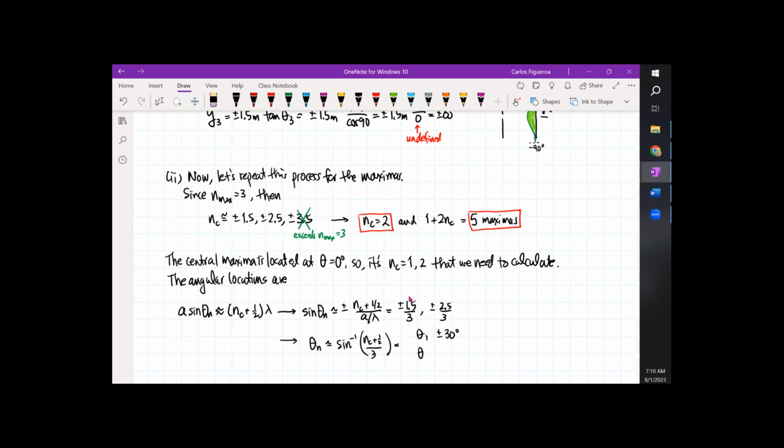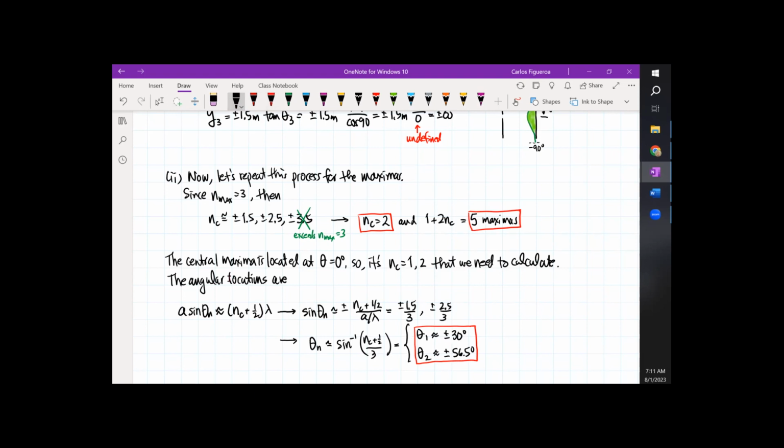I got to keep stressing the fact that these are approximate values. And this is plus or minus 56.5 degrees. So here are my angular locations right here for my maximas.